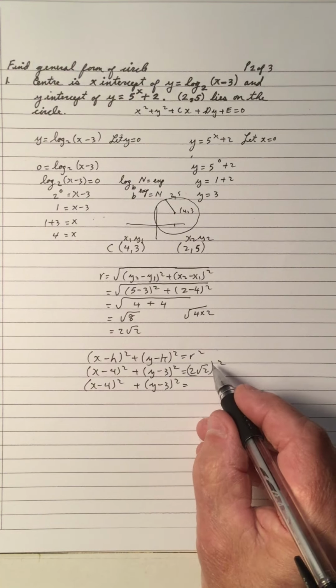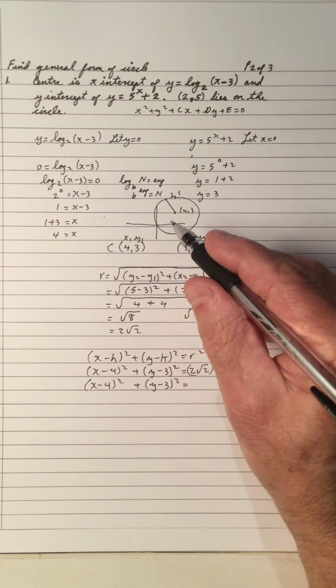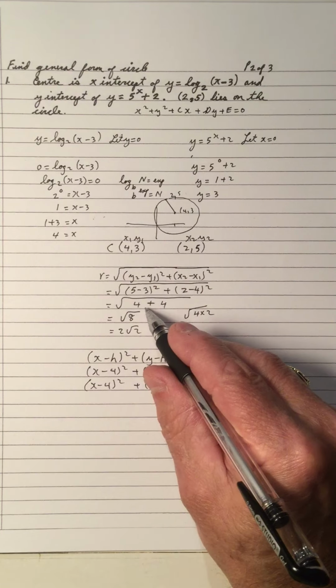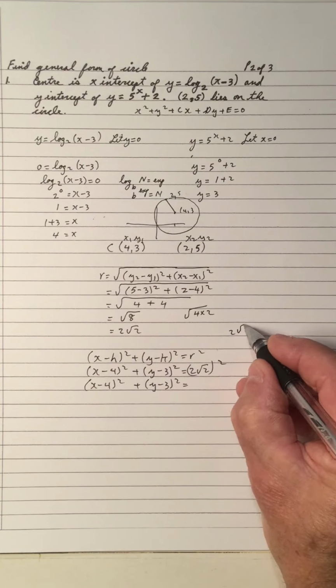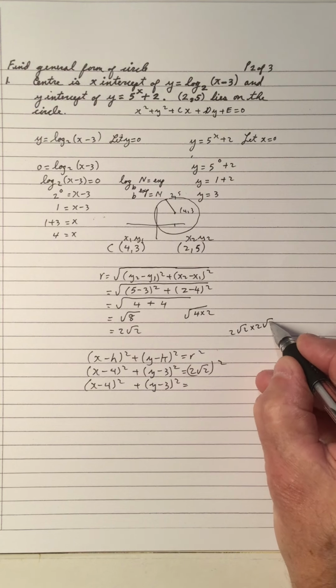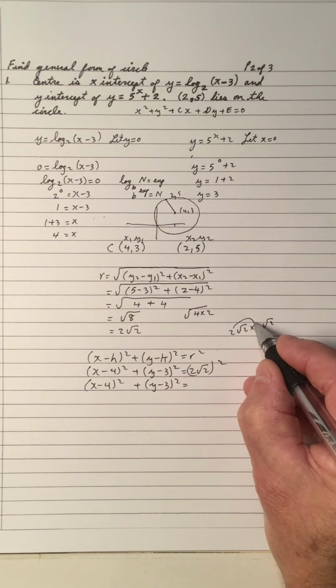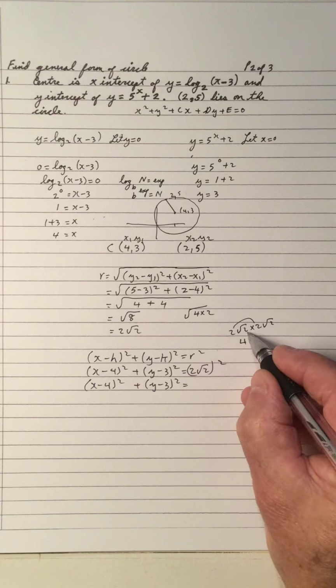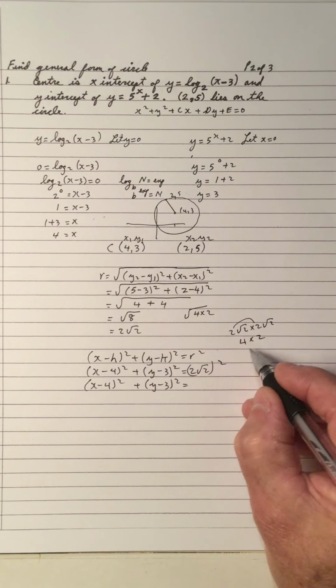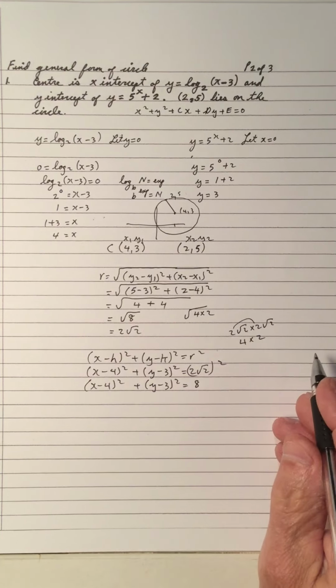And 2 root 2 squared should come back to what you started with, which was 8. So 2 root 2 times 2 root 2: 2 times 2 is 4, and root 2 times root 2 is root 4, which is 2. So that gives us an 8.